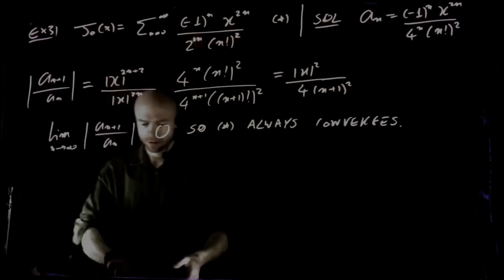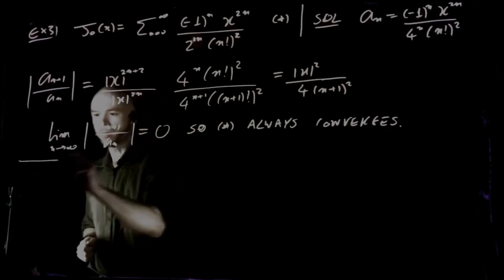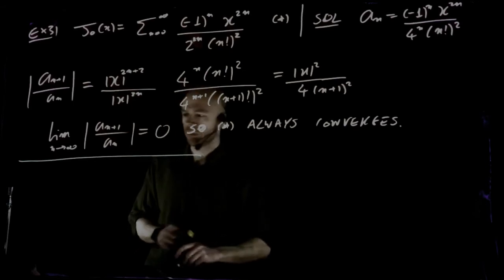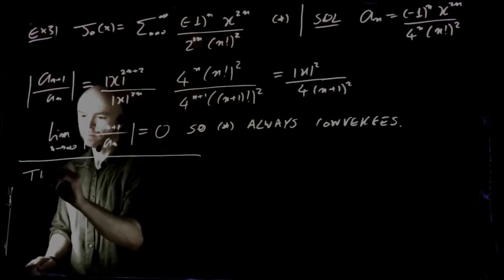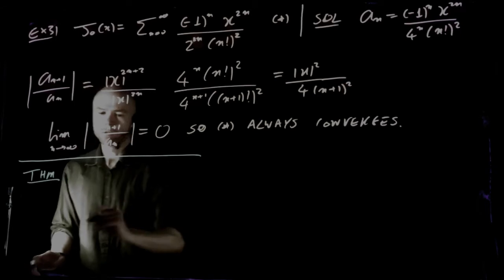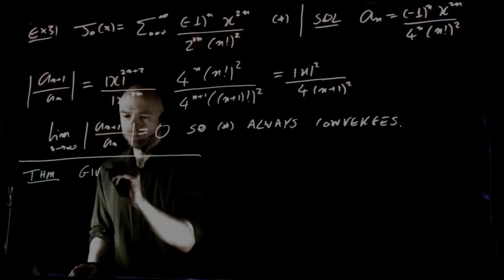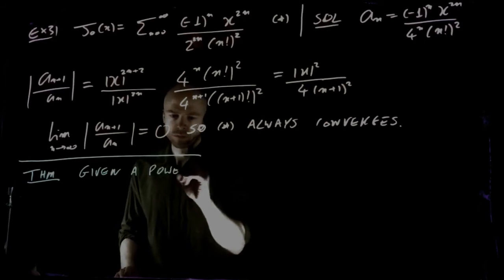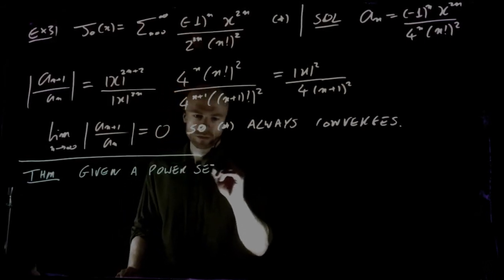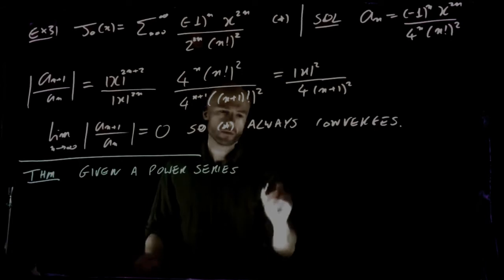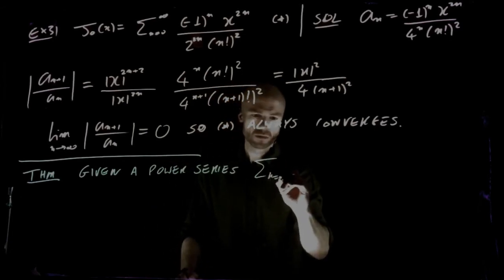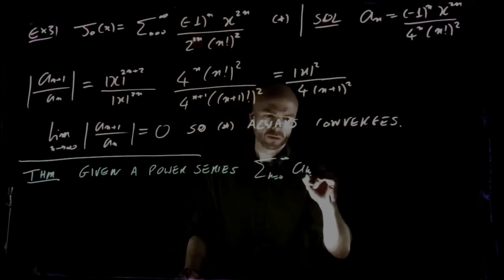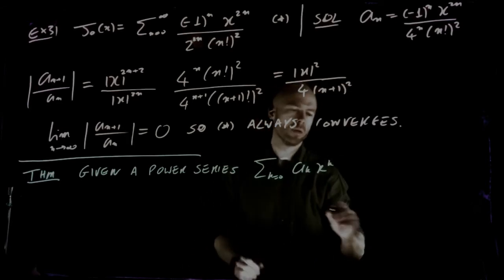which is quite key. Let me change color. So this is the general result, the theorem. Given a power series, there are three possibilities.